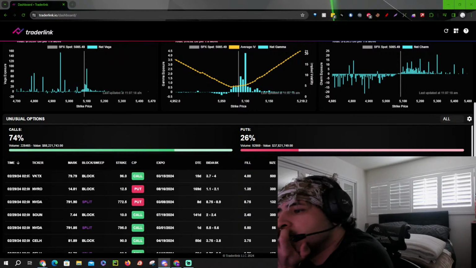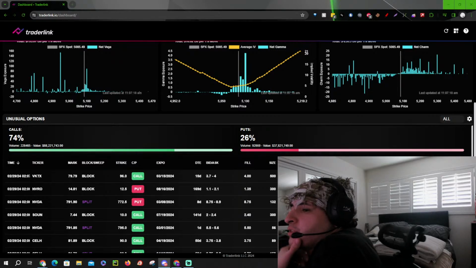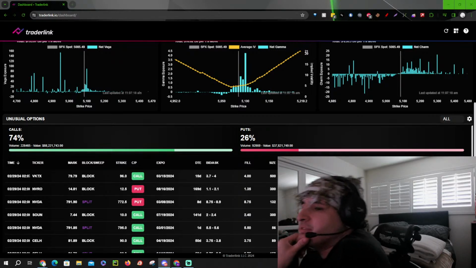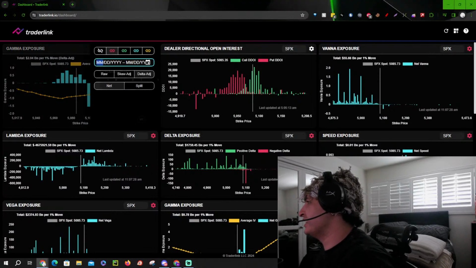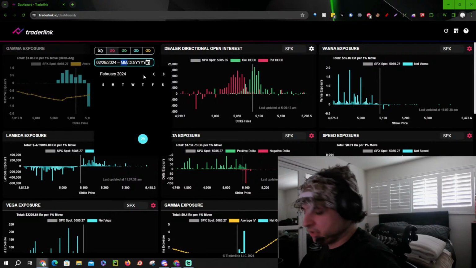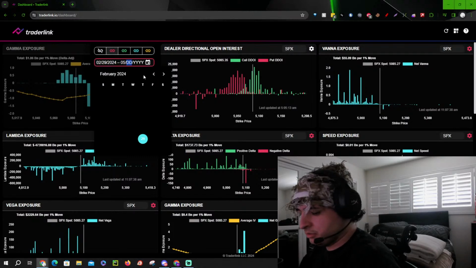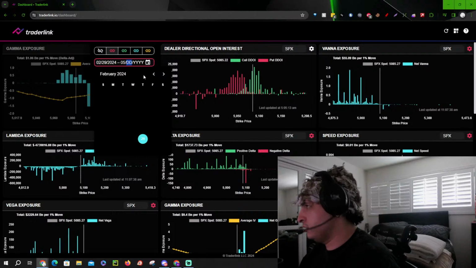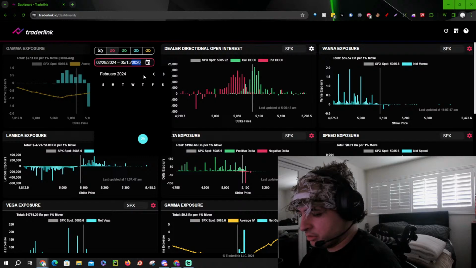If you manually type out the dates, you can go further than a month. Oh, genius. Lloyd trades. Okay, so if I type out the dates, what month are we looking at? 5, 15, 2024?